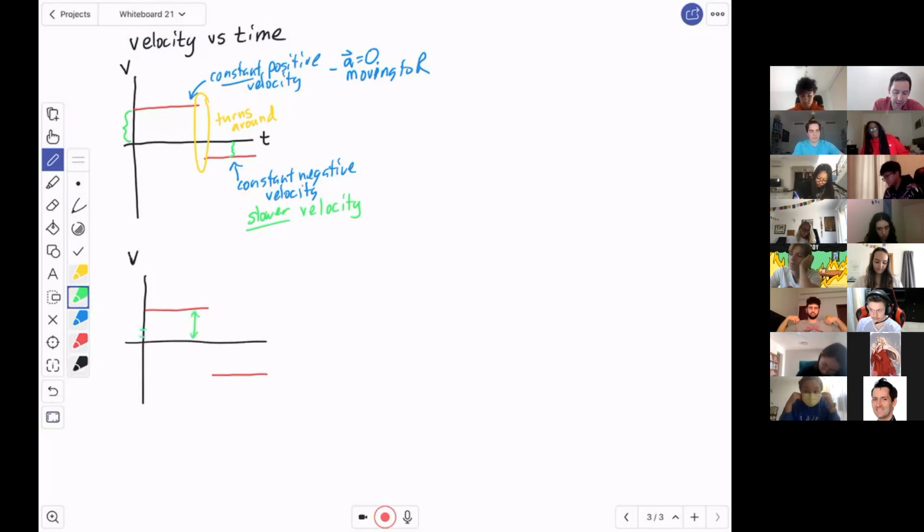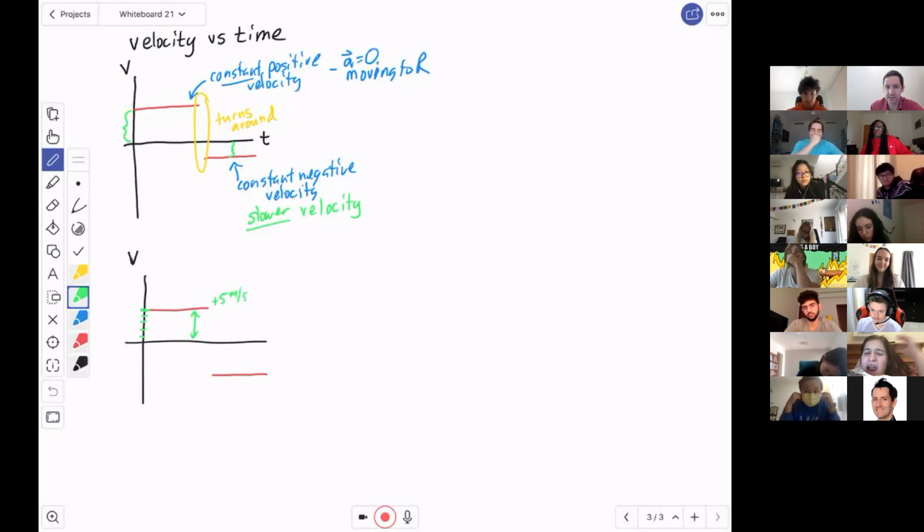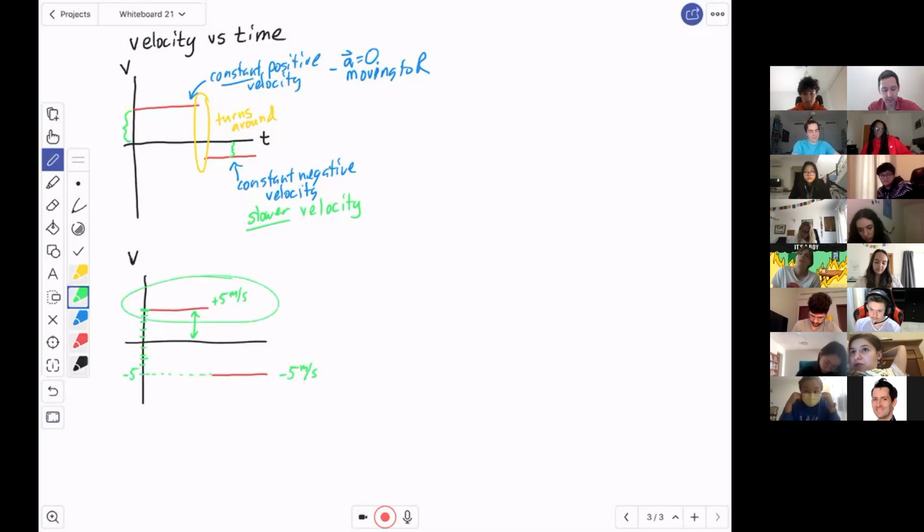The magnitude of the velocity is how high it is on the y-axis. So for example, in my drawing, I've made this a plus 5 meters per second, which means I'm going 5 meters a second to the right. This guy down here is at -5, which means he is now -5 meters per second. So up here, he's going at 5 meters a second to the right, and then here, he's going 5 meters a second to the left. Yeah, good question. Anybody else?